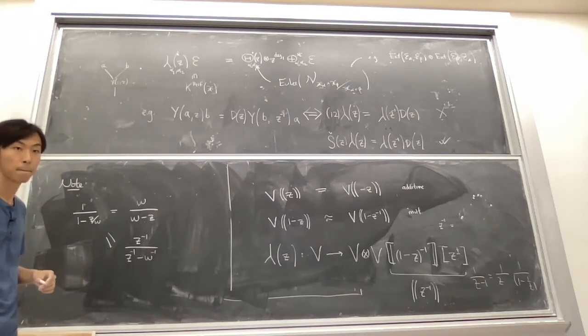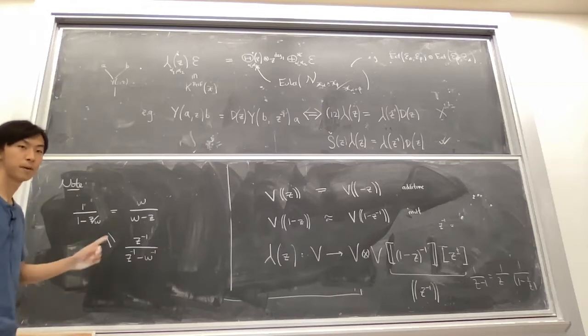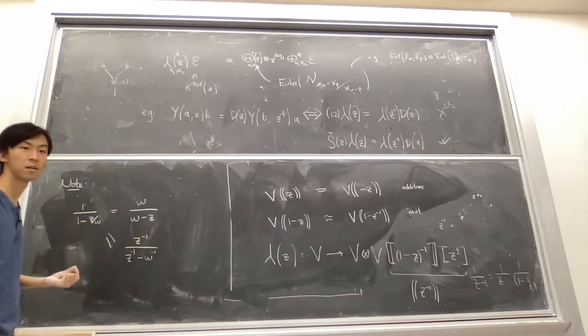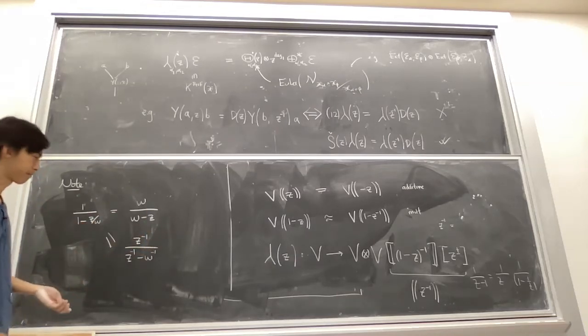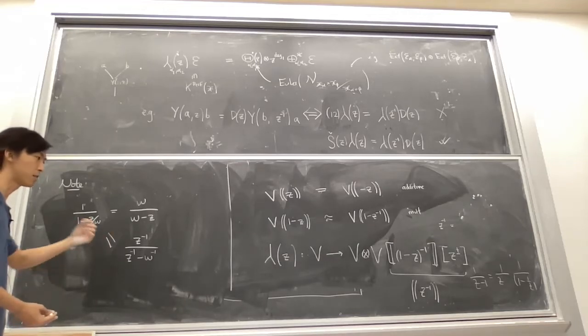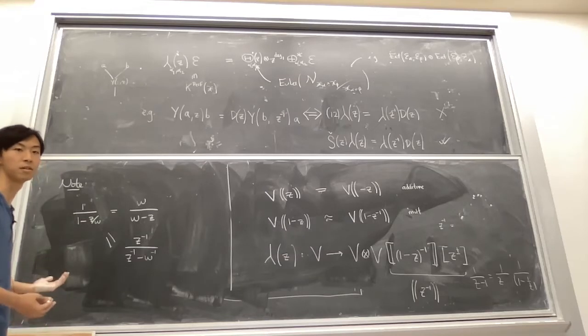The cylinder has two special points, 0 and infinity, but it also has a third special point, 1. That 1 is special for the same reason that 0 was special originally.